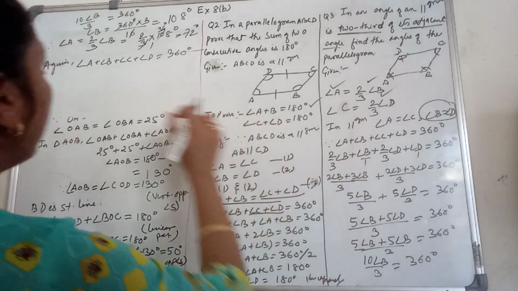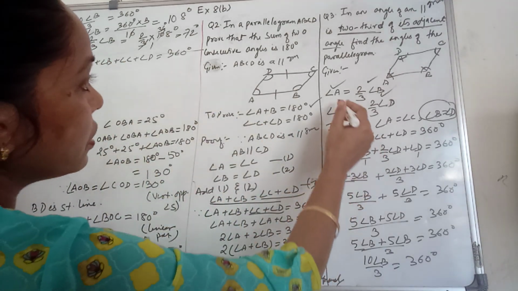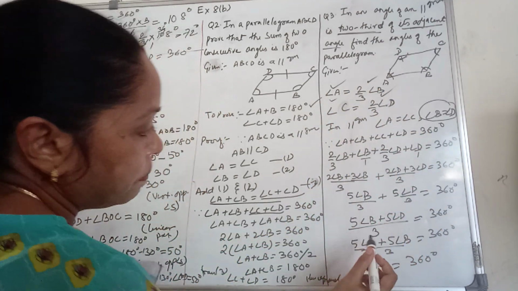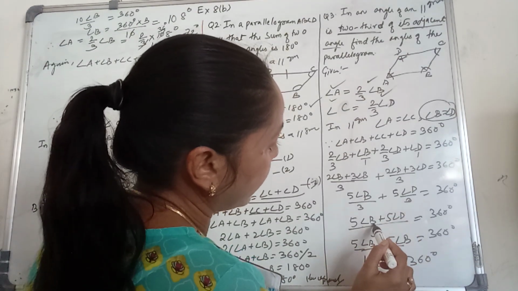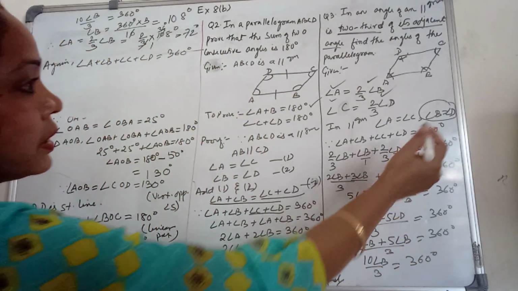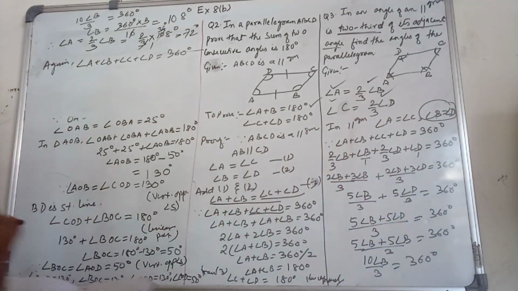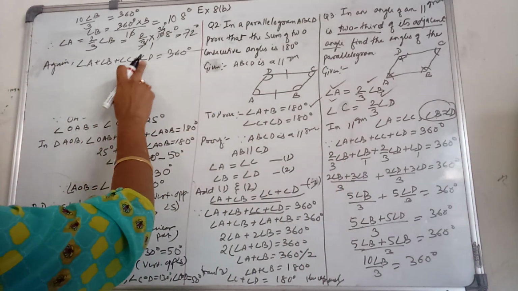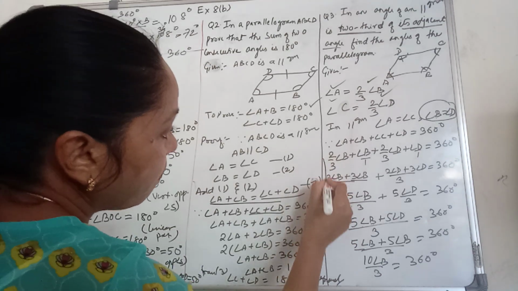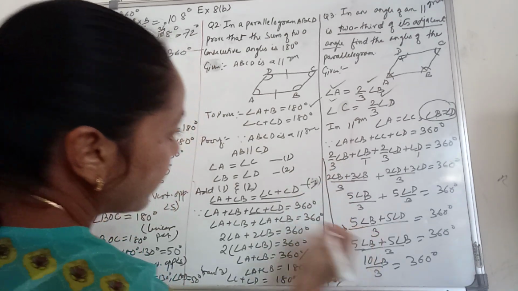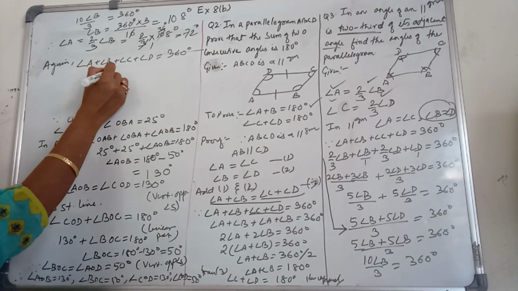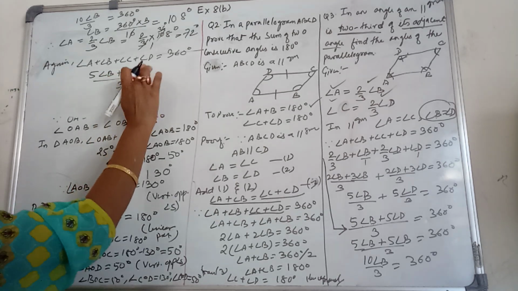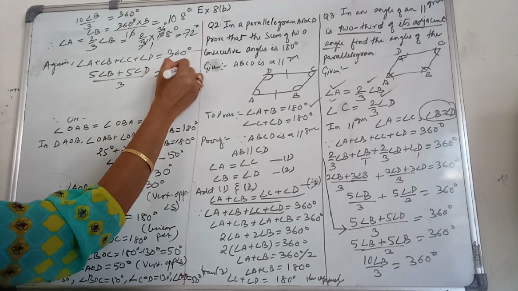Now 2 by 3, what we have substituted, angle A, and we have found the angle A and angle B. So this one part, this 5, angle B and angle D, we are taking that as equal, because angle B is equal to angle D. Now anyhow we have to find the angle D. So from angle A plus angle B plus angle C plus angle D, you have to repeat the steps till here. So we got here 5 of angle B plus 5 of angle B by 3, D, sorry, is equal to 360 degree.